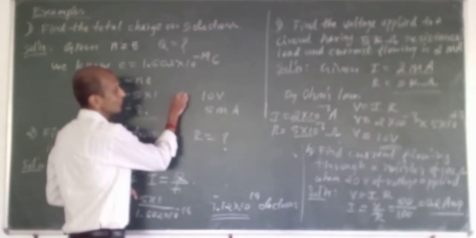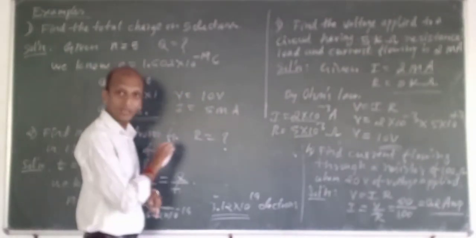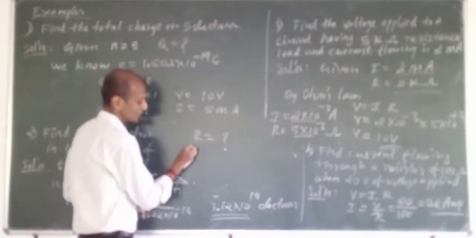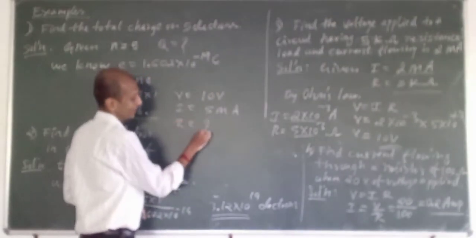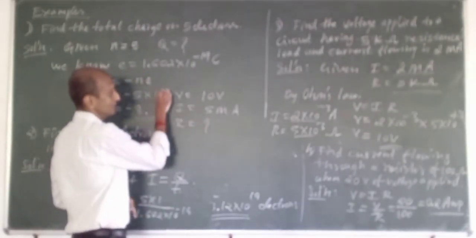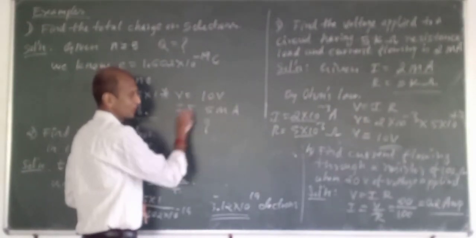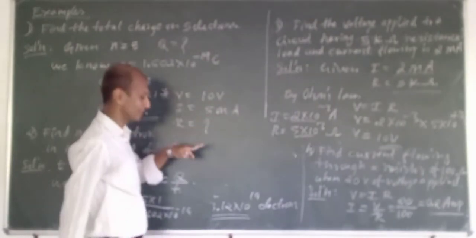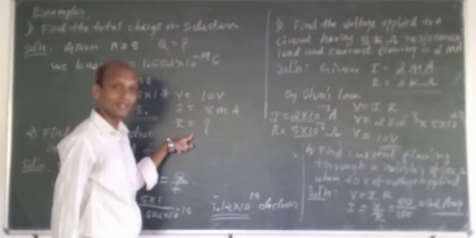So voltage is 10 volts, and current flowing is 5 milliamperes in a circuit. What is the resistance? So we have to calculate R. This is our question. The voltage applied to the circuit is 10 volts, 5 milliamperes of current is flowing through the circuit, and our question is to calculate the resistance.